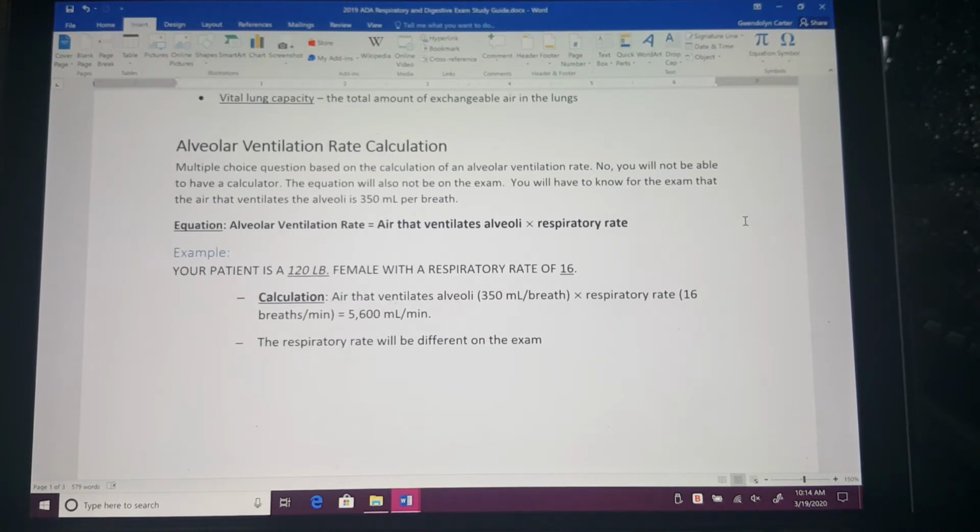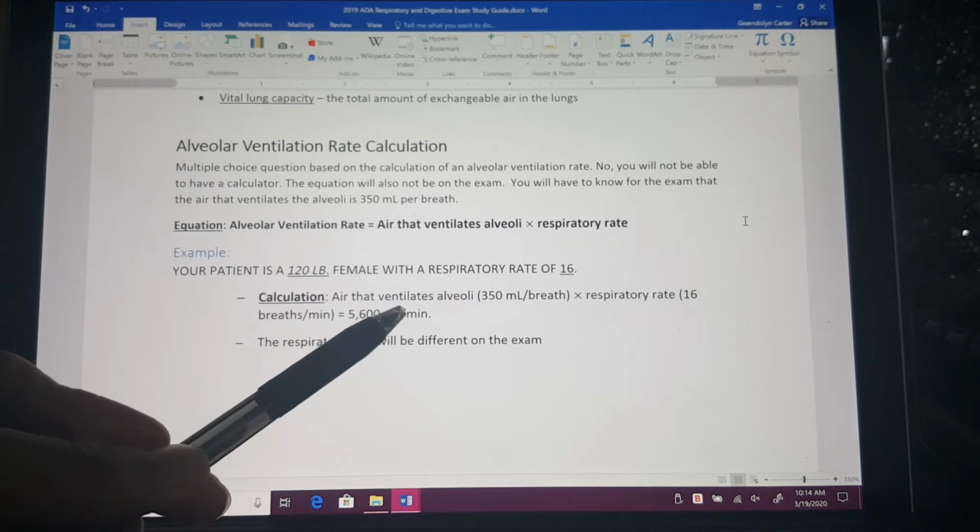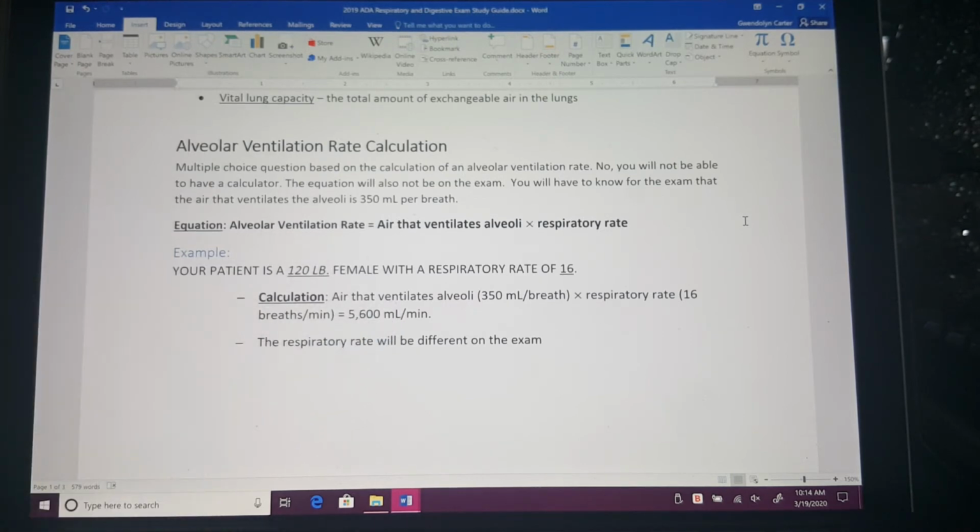The respiratory rate, again, will be different for the exam. Yes, you'll have to know the 350 milliliters. You won't really actually have to know the units, because all of that will be a part of your answer choices. So long as you either can do your math or at least can estimate it close enough, you'll be fine for that one.